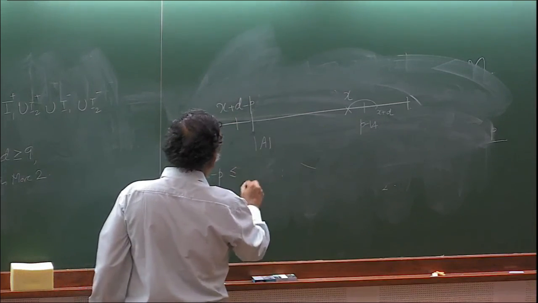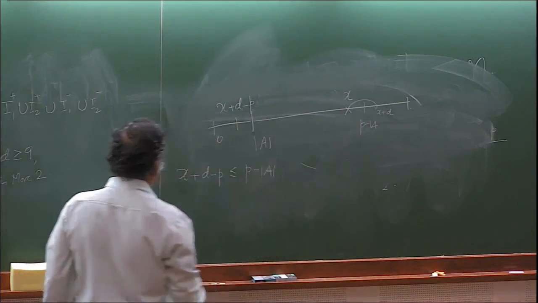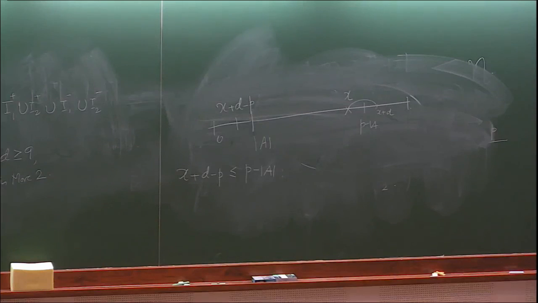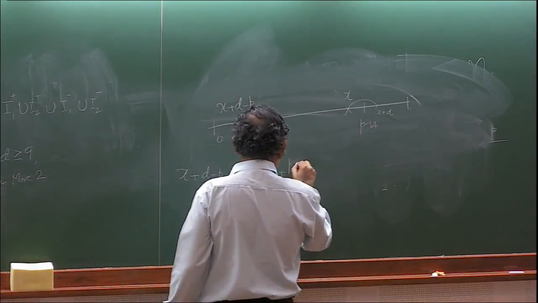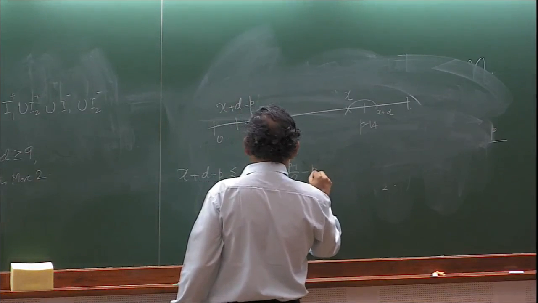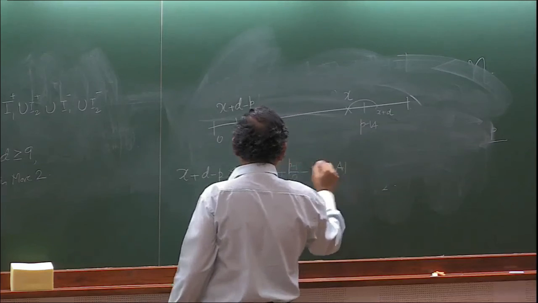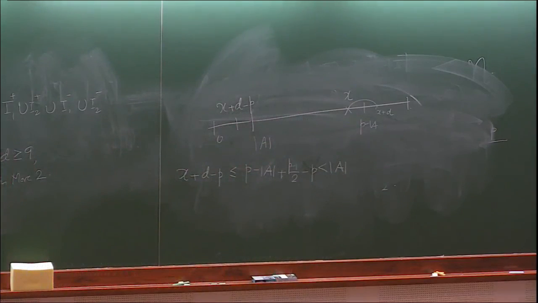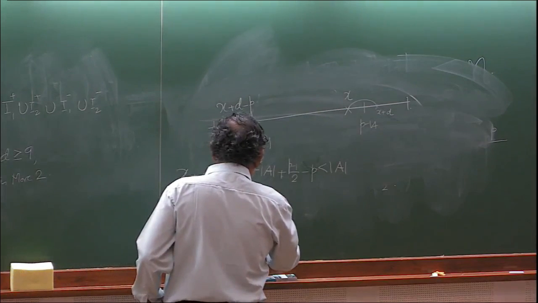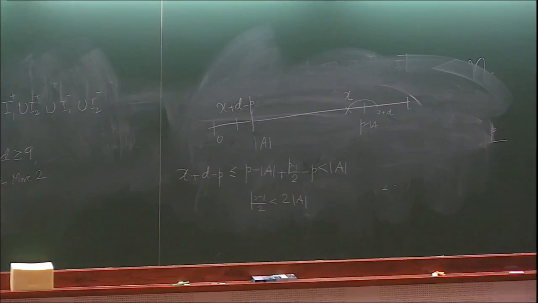That is less than or equal to, with x being p minus cardinality of A and d being p minus 1 over 2, minus p, and I want to say that this is less than cardinality of A. That essentially means I have to prove that p minus 1 over 2 is less than 2 times cardinality of A. But what is the cardinality of A?